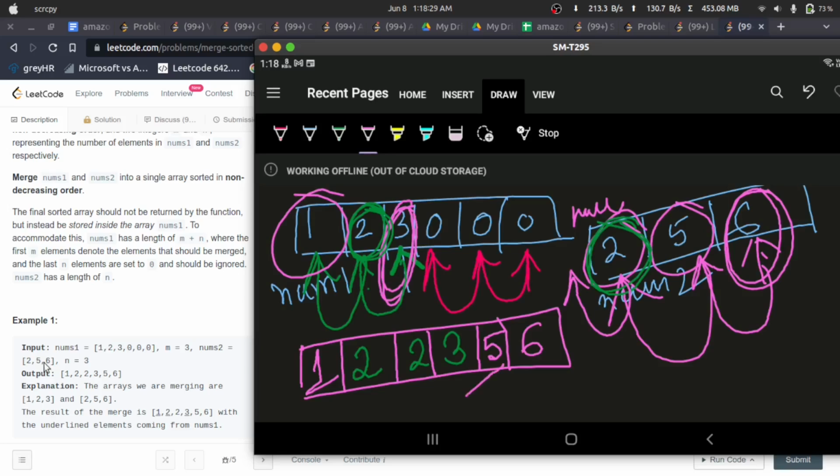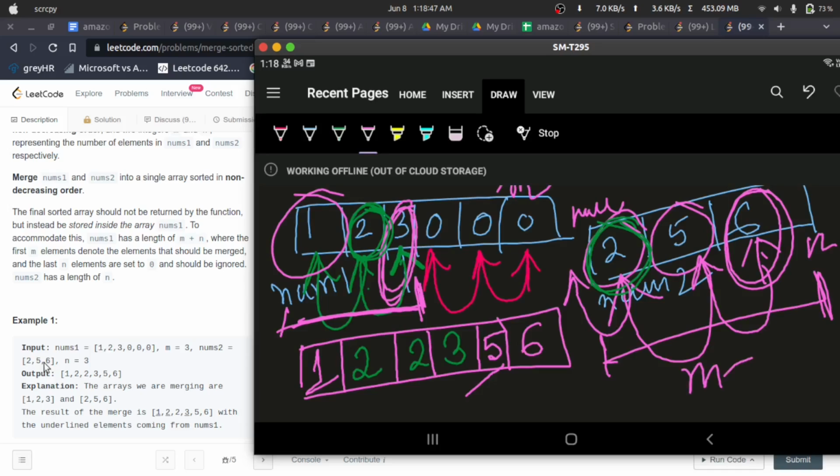So basically the time complexity is the range I have to cover, and that length is m plus n. And what is the starting pointer index?